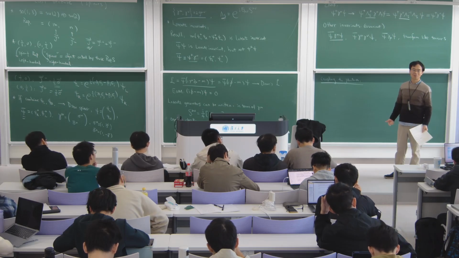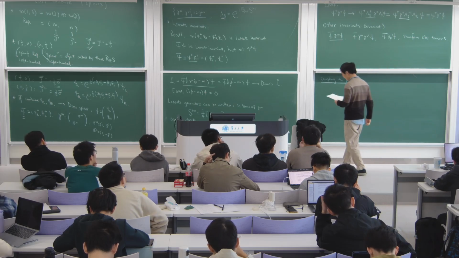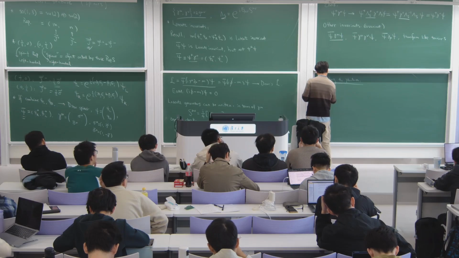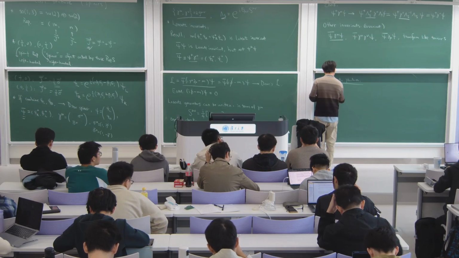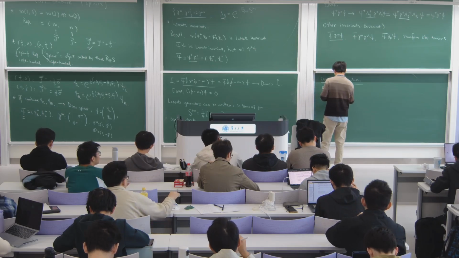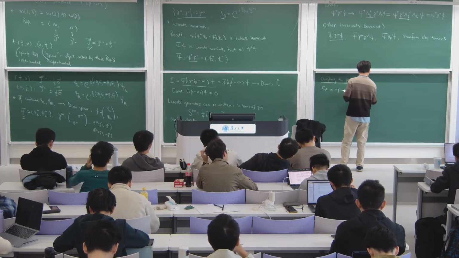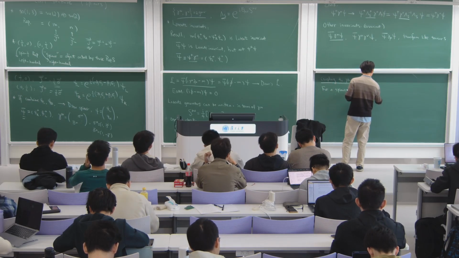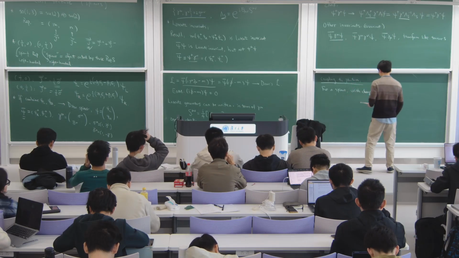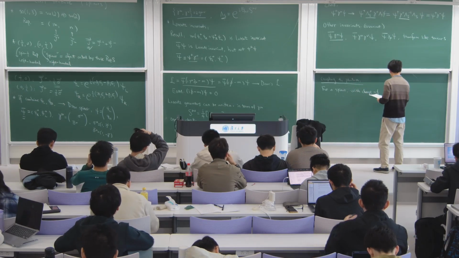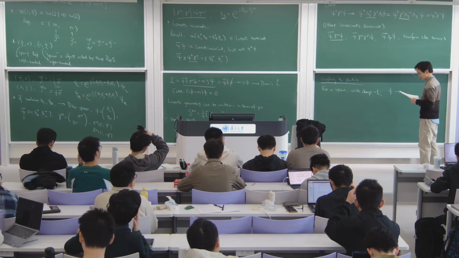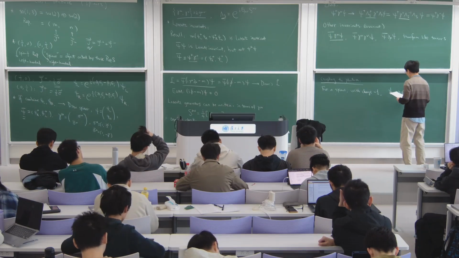Gauge invariance is very important, and so we start from a global transformation. For a spinor with charge -1, the global transformation is very simple. It's precisely the same as the scalar. It's just the global phase.